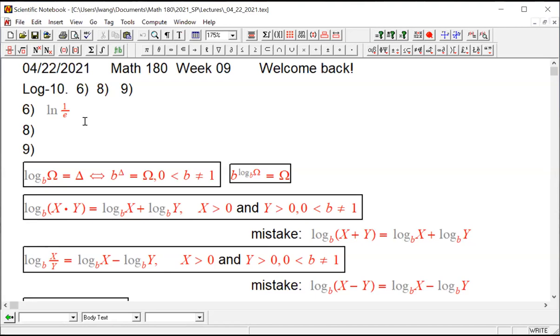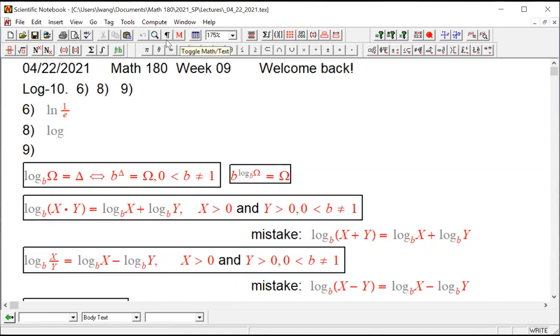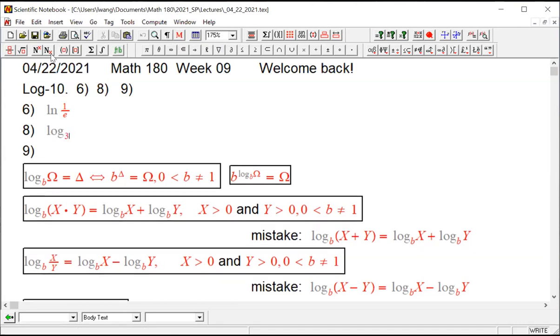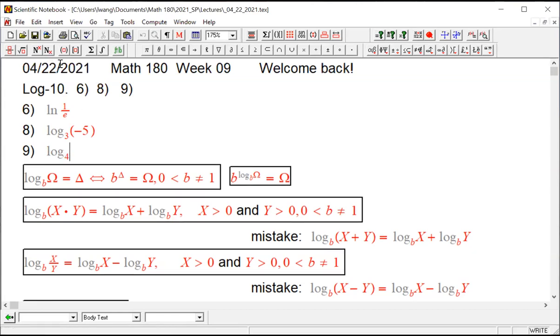That's number 6. Number 8, log base 3. Excuse me, I hope I'm not losing my voice. Number 9, log base 4, square root of 2.